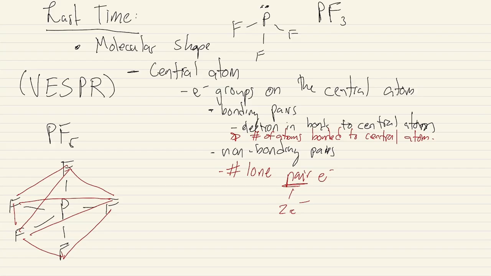So the important thing when we're determining molecular shape is the number of atoms bonded to the central atom and the number of lone pair electrons, right? So the number of lone pairs. All right, so what were the different shapes we had? So we'll have bonding pairs, lone pairs, and the shape.